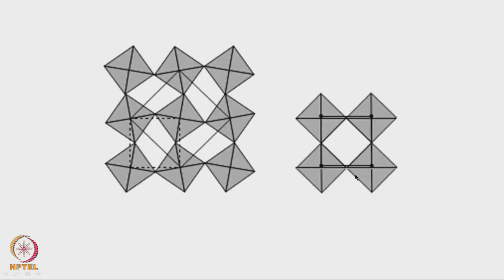I will just come back to this. These cages are essentially to maintain the charge balance, there is a slight distortion. That distortion is, one you see that it is tilted in this, another is tilted in a slightly different way, because this is the same type of octahedron.